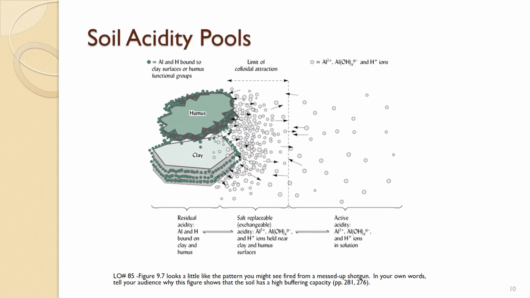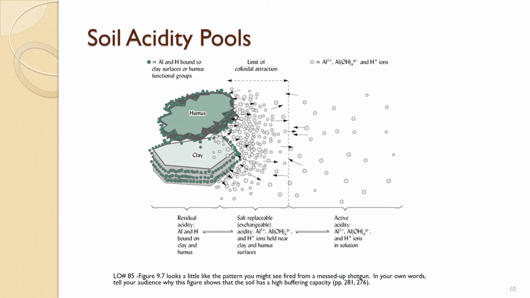So let's take a look at these in terms of this figure. It kind of helps to drive home the point. So the residual acidity is the aluminum and hydrogen bound on the clay surface or to the surface of humus. Okay, and so these ones are really like your savings account. Something that you don't touch as much, right? So they're a little more tightly bound.